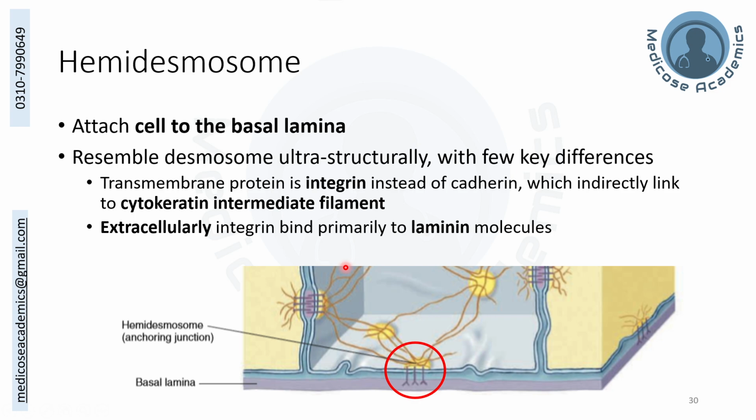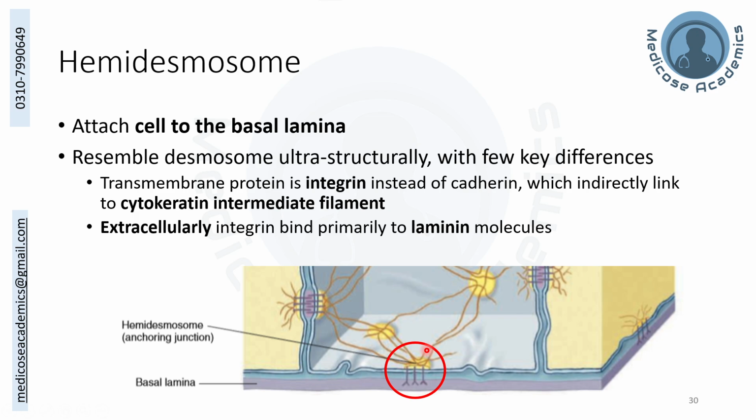In desmosomes the transmembrane component was made by cadherins, desmoglein and desmocollins. Here, the transmembrane component is integrin. So they are integrin proteins rather than cadherins, and through different proteins they are ultimately attached to intermediate filaments.